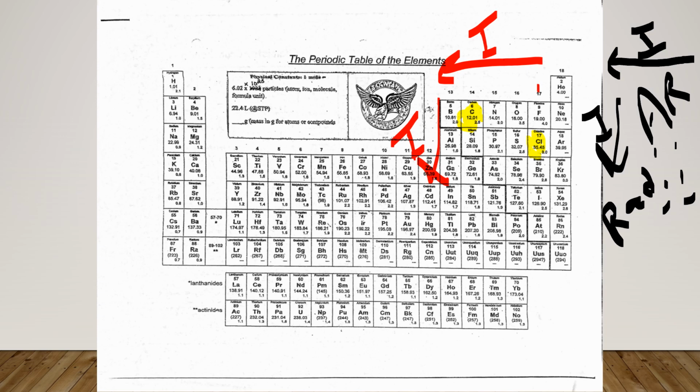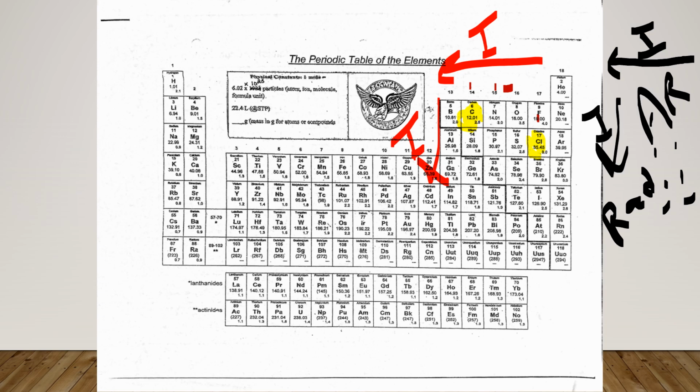Now, here's the thing. Here's chlorine, here's carbon. Oops, I shouldn't have done that. Sorry. Hang on. Okay, if I start at chlorine, carbon is 1, 2, 3 spots over to the left. But carbon is only one spot up to the top, because these can get hard, because carbon should be increasing that way, but chlorine, if you're just looking at the trend down, chlorine would be larger.